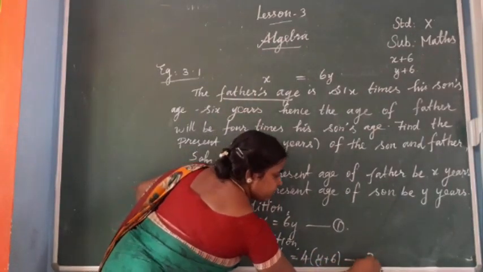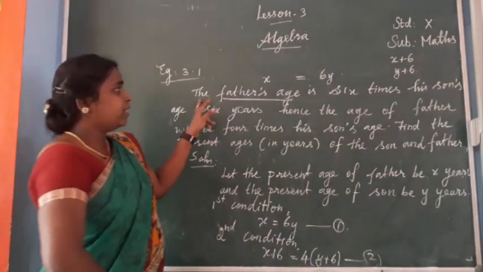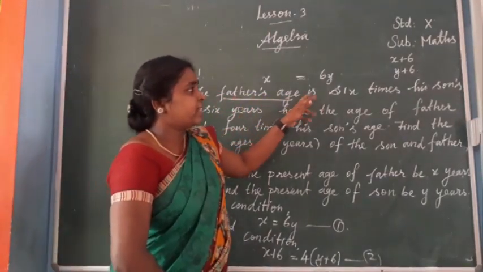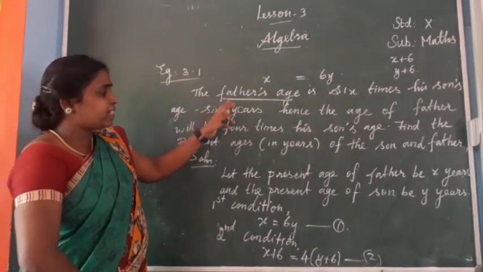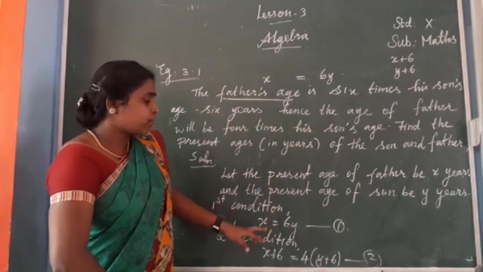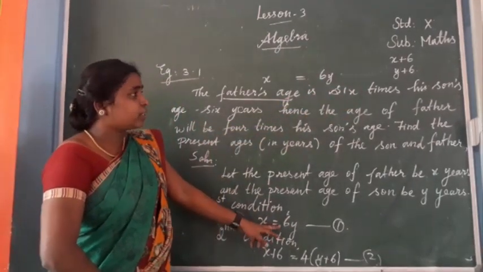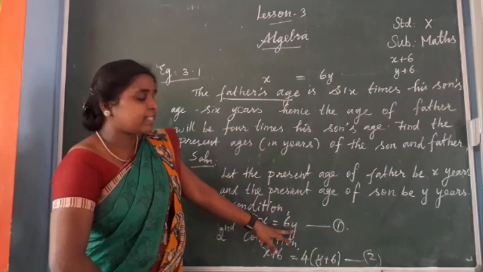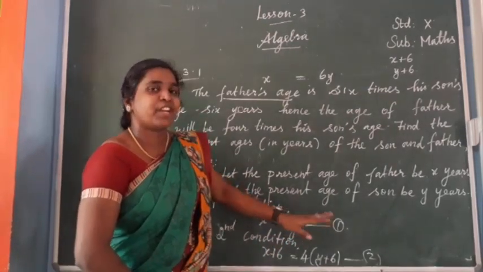Once again, read the conditions. First condition: the father's age is 6 times his son's age. The father's age is x and the son's age is y, so x equal to 6y. This is equation 1.